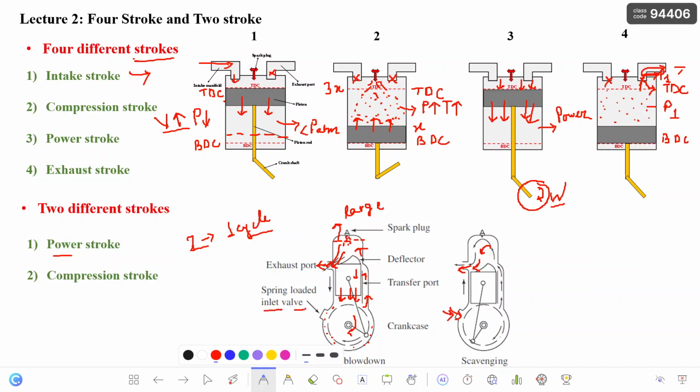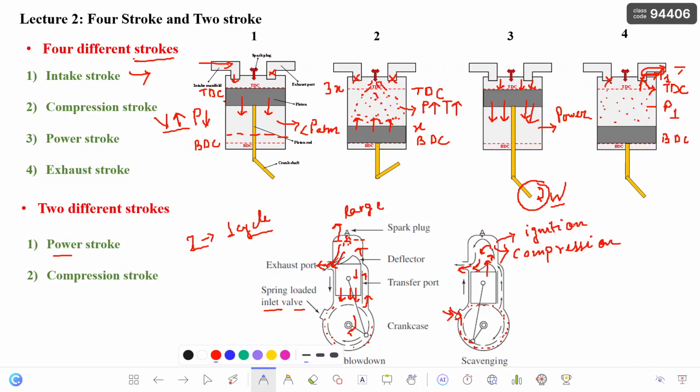As the inlet port opens, this space gets filled, and this will push the piston upwards, and thus there will be compression. There will be a rise in temperature, and thus there will be ignition. This is what a two-stroke engine is.